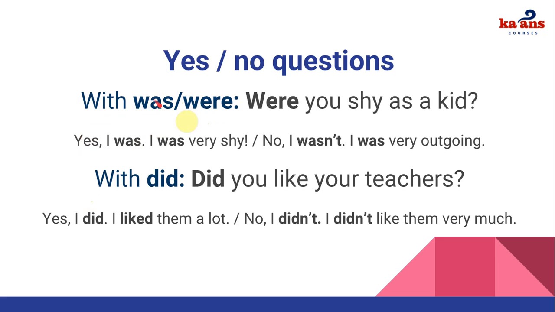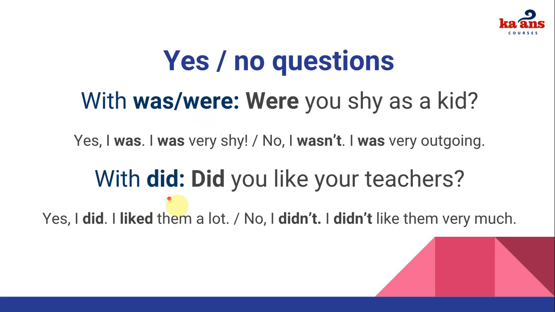Remember that was and were come from the verb be. Be, ser o estar. Okay, so it's only one verb, and it's important to be able to tell the difference between was and were because it is only one verb, and the difference between questions with the auxiliary did.